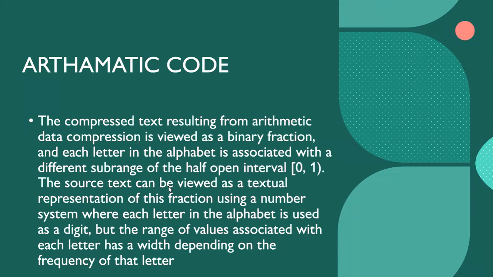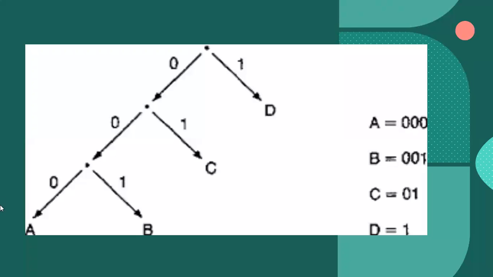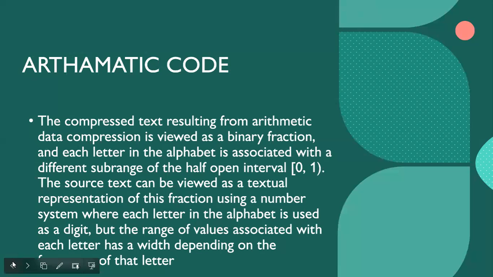The source text can be viewed as a textual representation of a fraction using the number system, where each letter in the alphabet is used as a digit, but the range of values associated with each letter has a width depending upon the frequency of the letter.